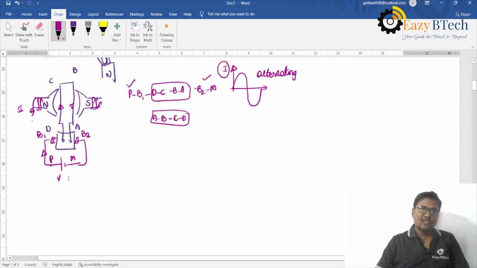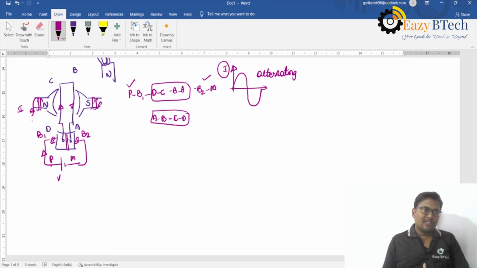By giving a DC supply also, the current which is flowing through armature conductors is changing.